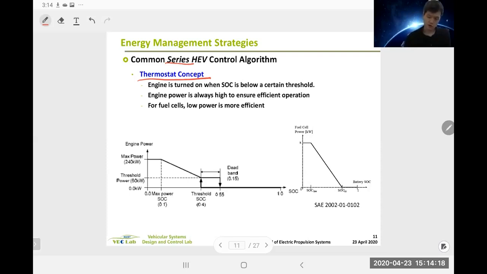If state of charge is low, then recharge. If we have too much SOC, then do not charge and just use the battery. That's called the thermostat concept.